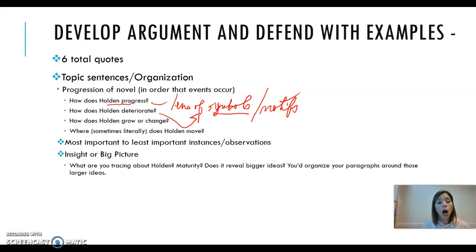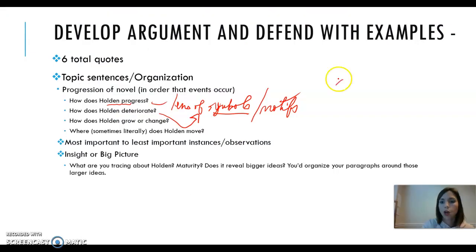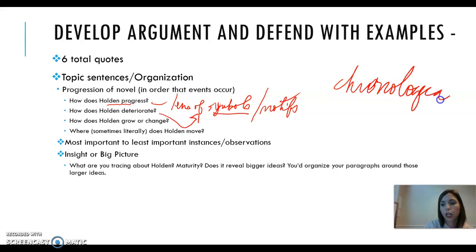Setting. How does he grow or change? And again, by focusing on the patterns, we can think about organizing least important to most important. We can think about the big picture, right? How Holden changes. So as we go through though, we go in chronological order. We go in order of the novel. That's how we organize our paper.